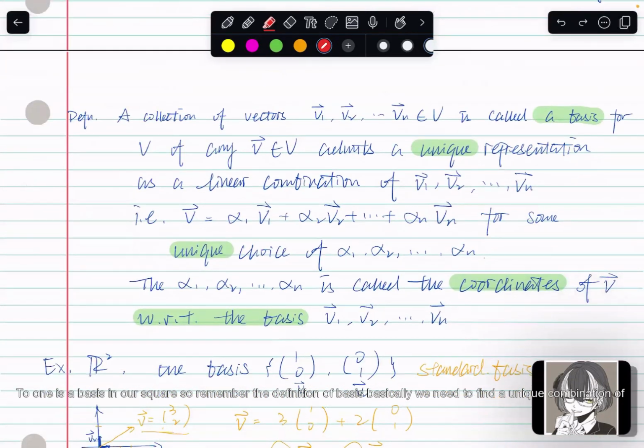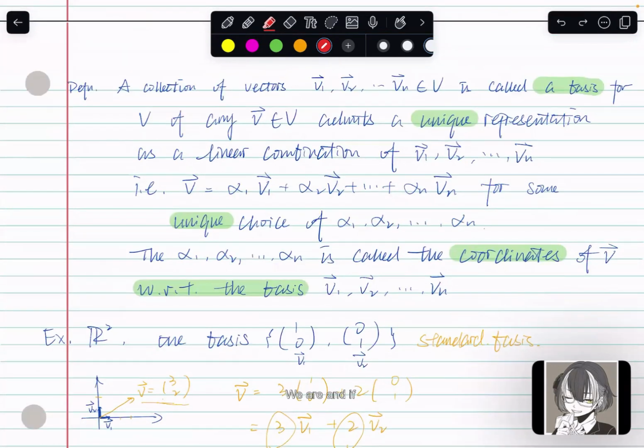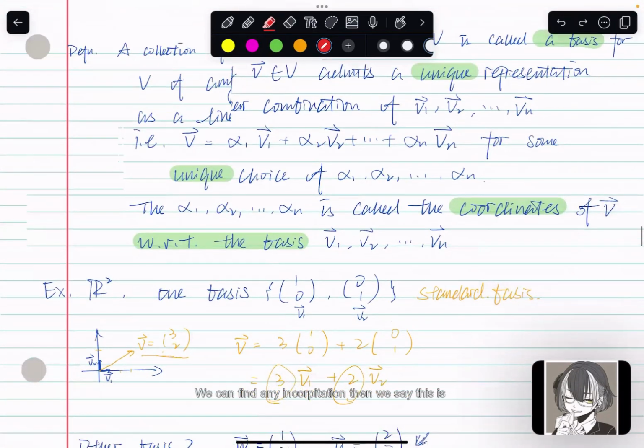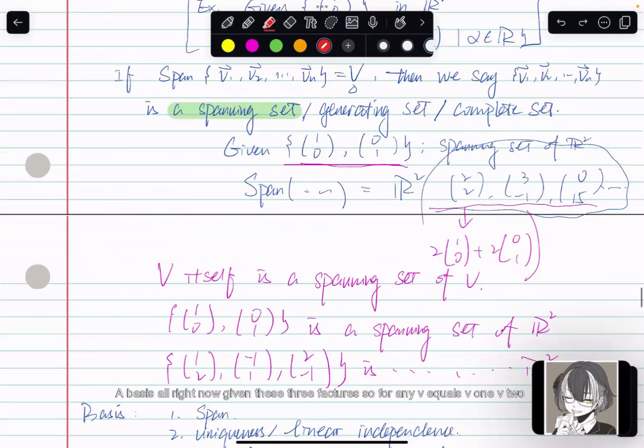Basically, we need to find a unique combination of alpha i's, and if we can find a unique representation, then we say this is a basis.